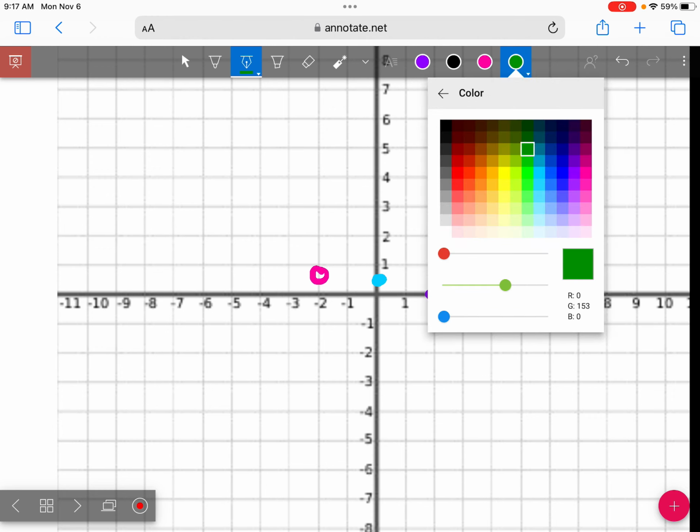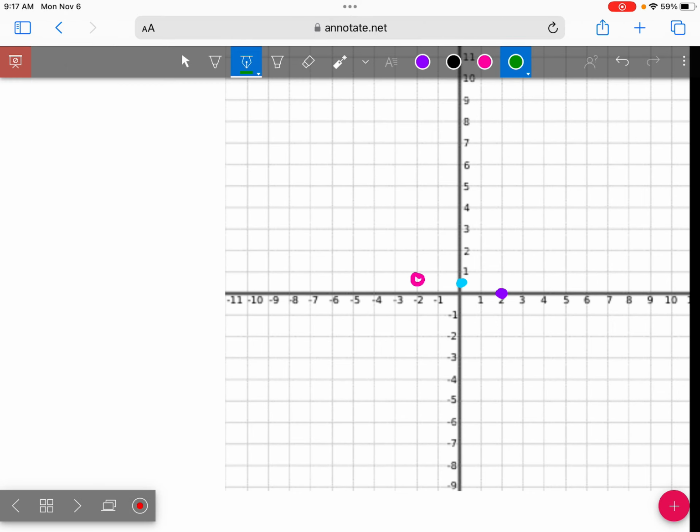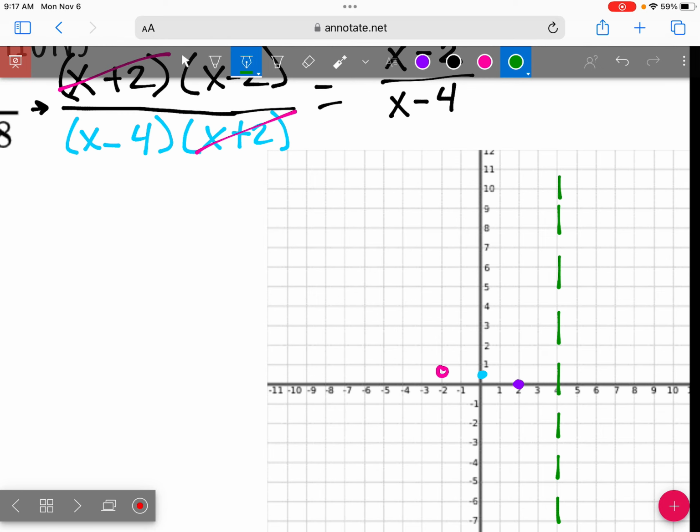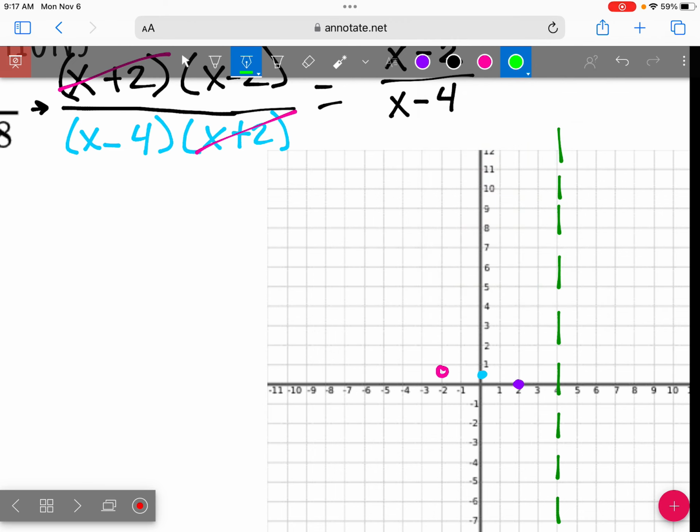We have a vertical asymptote at x equals 4. So we're going to draw that in. And we're going to have a horizontal asymptote at y equals 1.